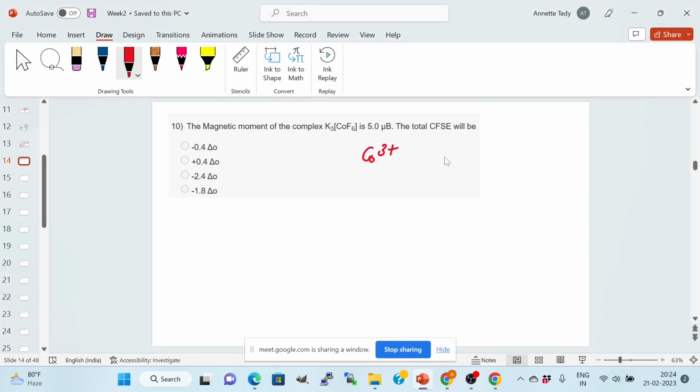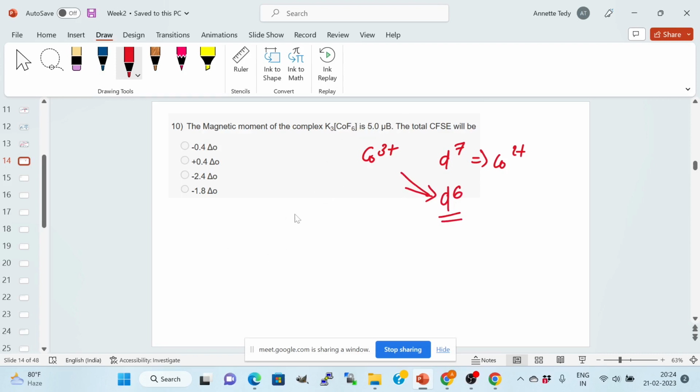Cobalt in the 2+ state has d7. Cobalt in the 3+ state will have one more electron removed, so it will be d6. This is clear, right? Cobalt 3+ will have d6.